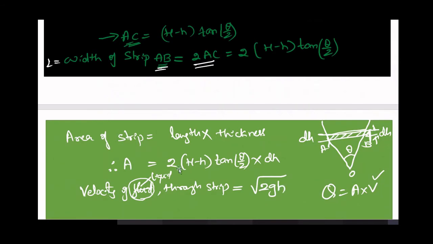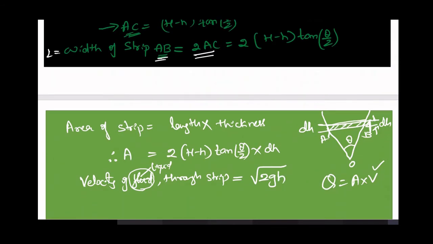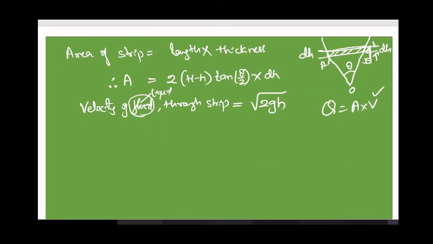Why have I written square root of 2gh? Because in the yesterday's class, in the previous video lecture, we derived that v square by 2g is the velocity head, which is equal to some h value. So I need v, and it will be square root of 2gh. And we cannot apply Bernoulli's equation because we are not considering the discharge between 2 points. Here we are considering only 1 point through some channel.